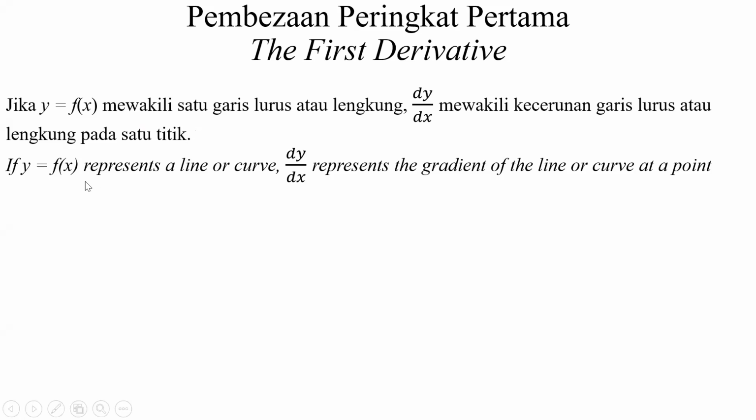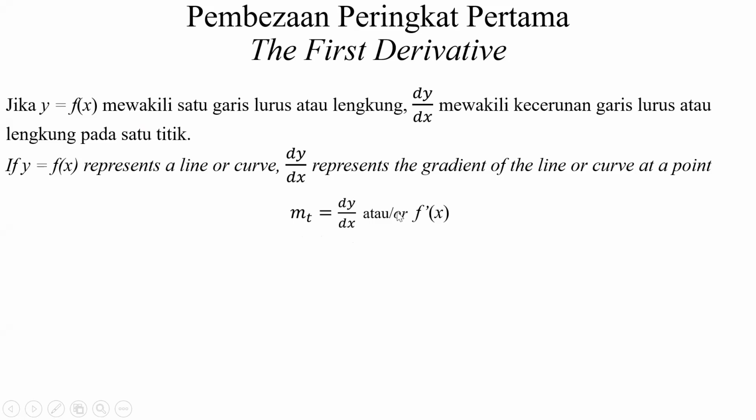Anyway, now the first derivative: if y equals f(x) is a curve, it may be a line, it may be a curve, doesn't matter. The dy/dx will be the gradient of the line or the gradient of the curve at one point. So the concept is this: mT, the gradient of the tangent. Gradient of tangent means the gradient of a curve at one point. So I use either mT equals dy/dx or mT equals f prime of x.